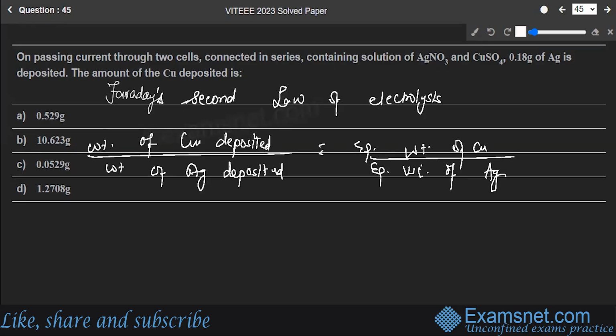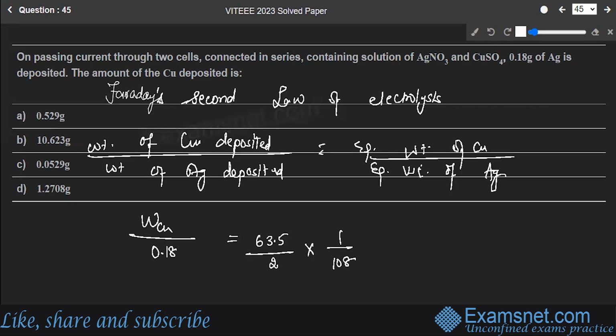So you have weight of copper upon the weight of silver deposited is equal to 0.18. Equivalent weight of copper is 63.5 and silver is, sorry, weight of silver is equal to 108.